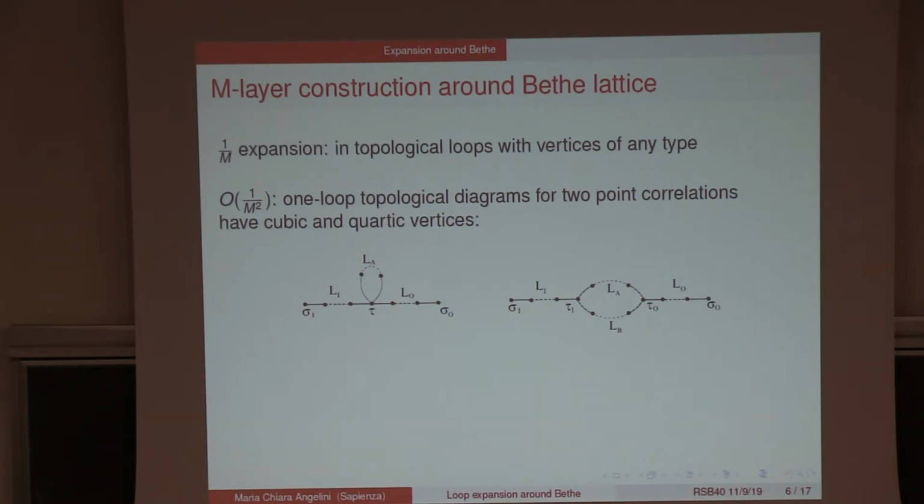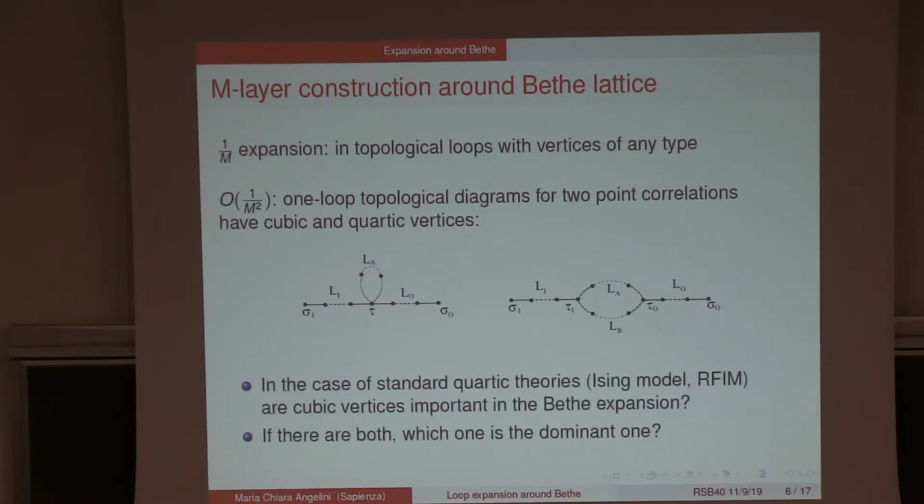Okay, but for example, for the Ising model, we know that in the usual expansion around the fully connected model, this diagram is not present. So what happens to this expansion around the Bethe lattice? Is this term present or not?